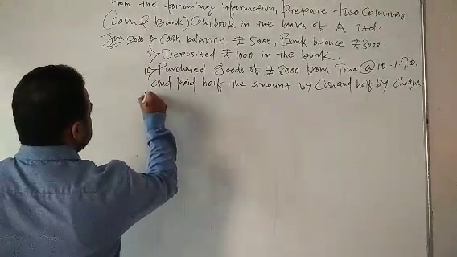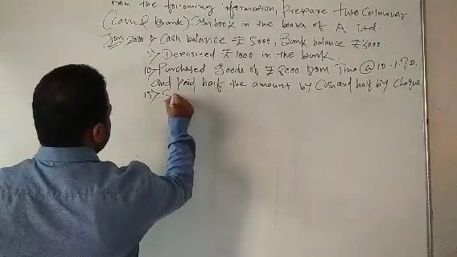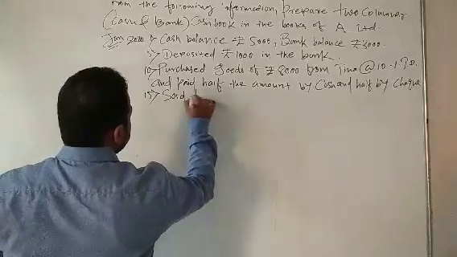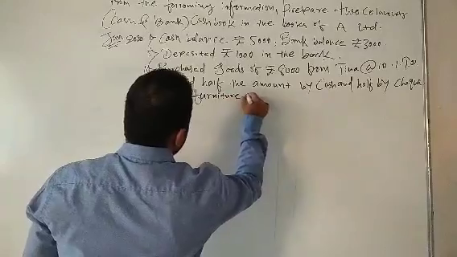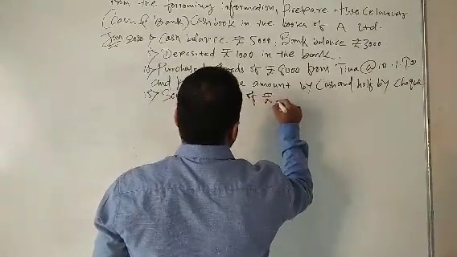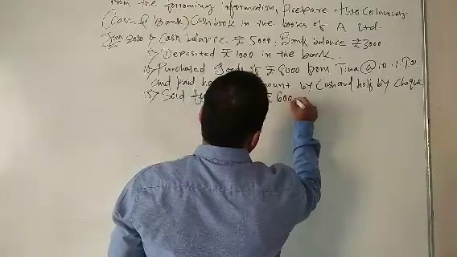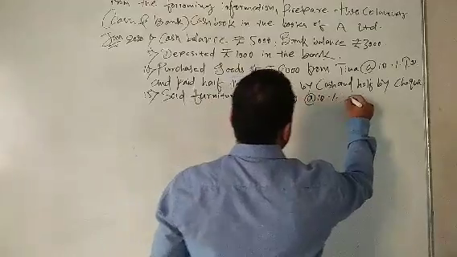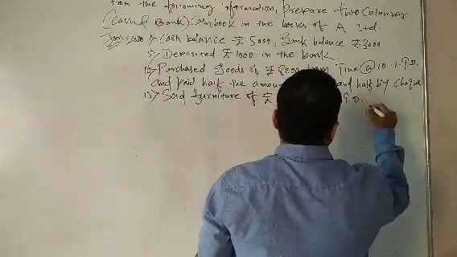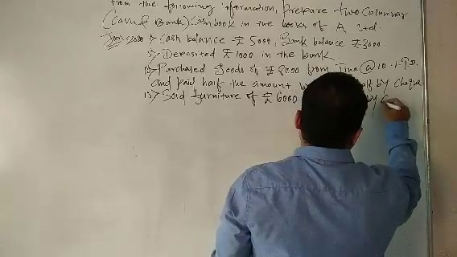Next one, sold furniture of rupees 6,000 at 10% trade discount by cash.